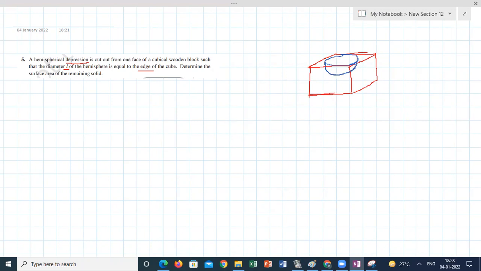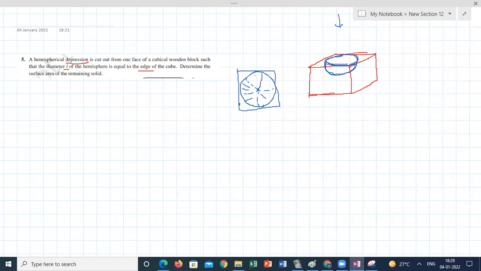There is a depression. He removed the solid like this. If I am looking from the top, it looks like this. It is a depression. So some part is removed like this. So he is asking us to calculate the surface area.